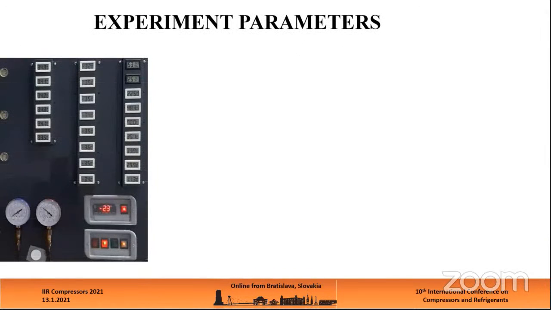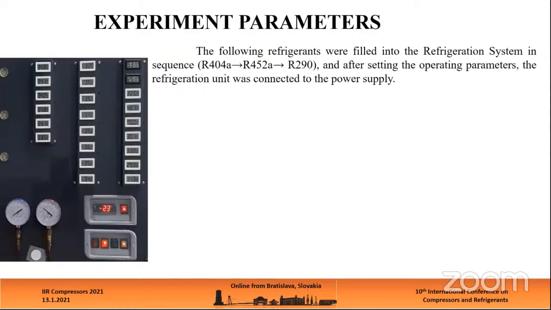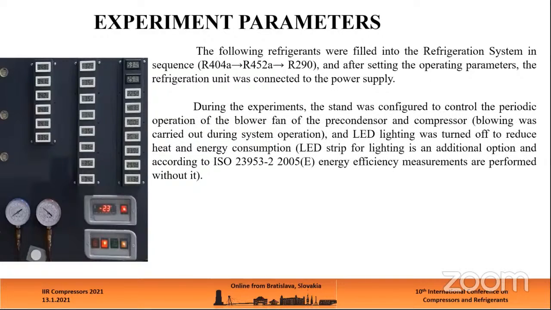Experiment parameters. The following refrigerants were filled into the refrigeration system in sequence: R404A, R452A, R290. And after setting the operating parameters, the refrigeration unit was connected to the power supply. During the experiments, the stand was configured to control the periodic operation of the blower fan of the precondenser and compressor.